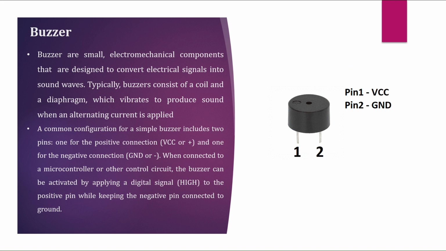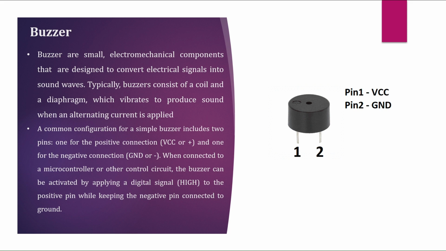So the fifth component or peripheral we are using here is the buzzer. Buzzers are small electromechanical components that are designed to convert electrical signals into sound waves. Typically, a buzzer consists of a coil which vibrates to produce sound when an alternating current is applied.